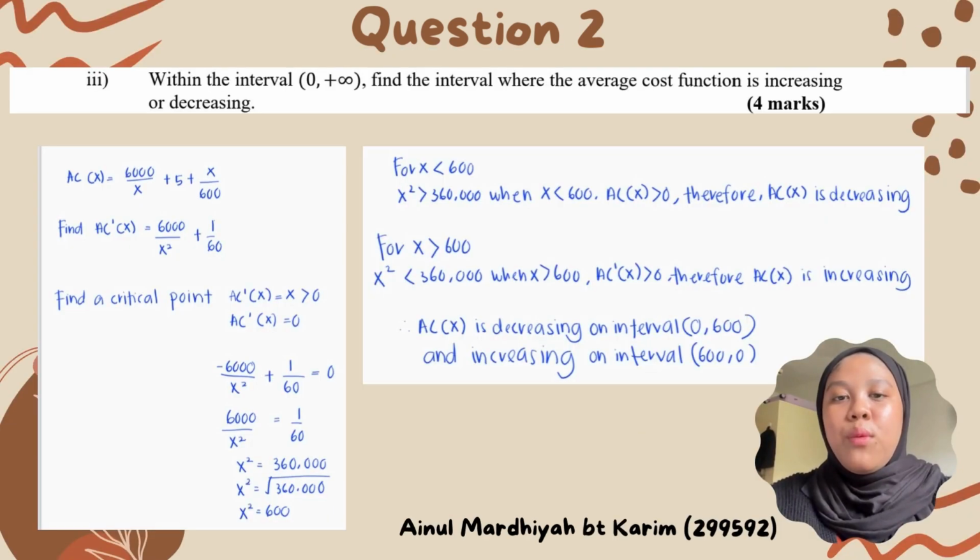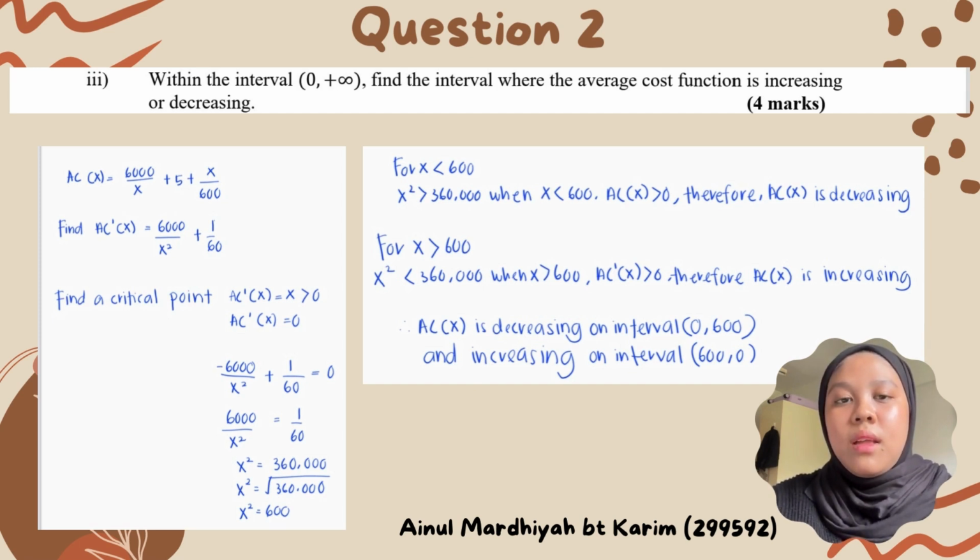To determine whether the average cost function AC(x) is increasing or decreasing within the interval 0 to infinity, firstly find its derivative AC prime x, and then set this derivative equal to 0 to find the critical point. Then we solve x, resulting in x equal to 600, and then we analyze the signs of AC prime x.